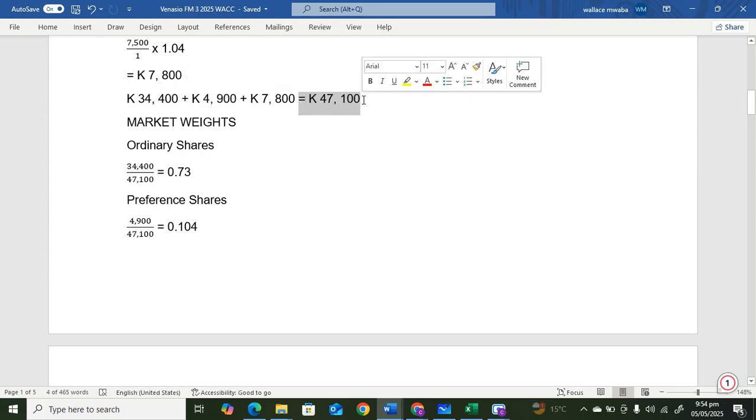So for debentures, how will we get the weightage? And which values are those? 7,800.